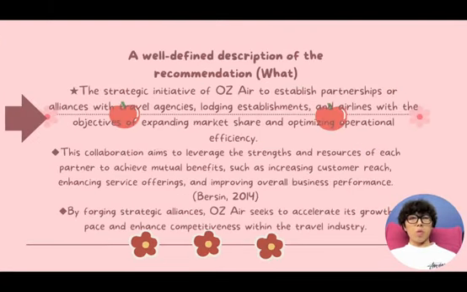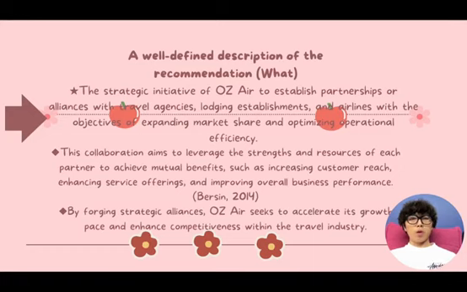Next part is a well-defined description of the recommendation. The strategic initiative of OZ Air is to establish partnerships or alliances with travel agencies, lodging establishments, and airlines with the objectives of expanding market share and optimizing operational efficiency.